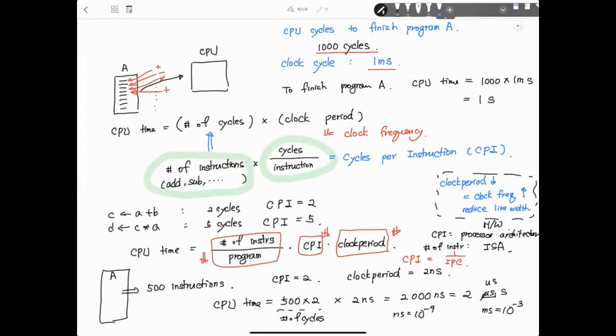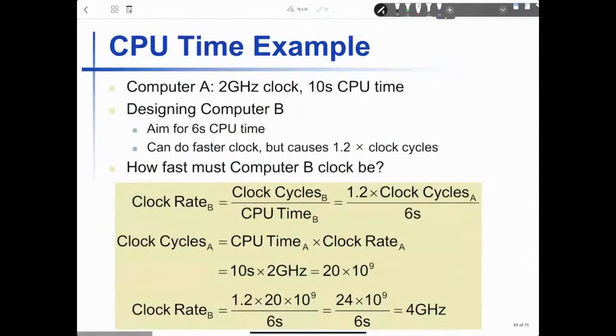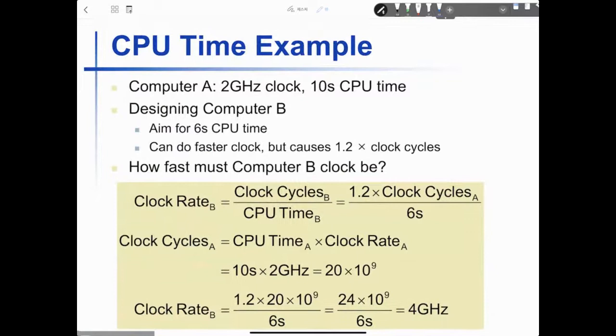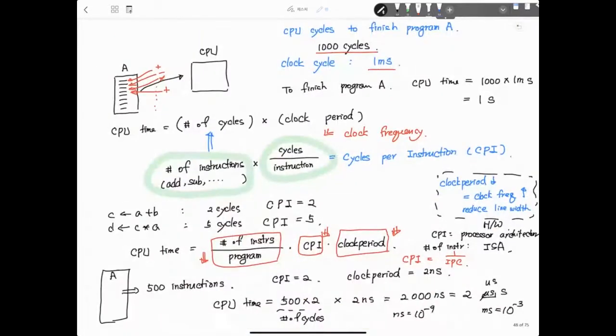Instructions per cycle means per cycle, how many instructions we can execute. So it's just opposite, an inverse relation. Any other question? That's good.